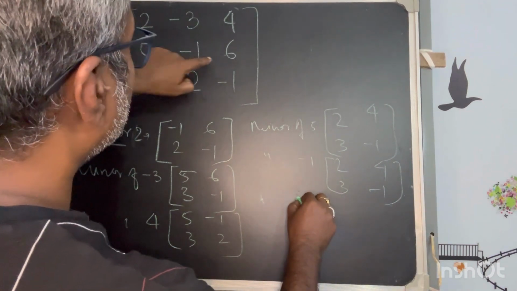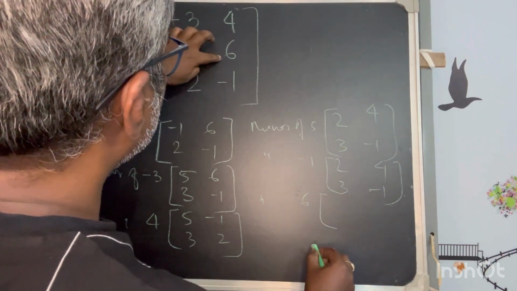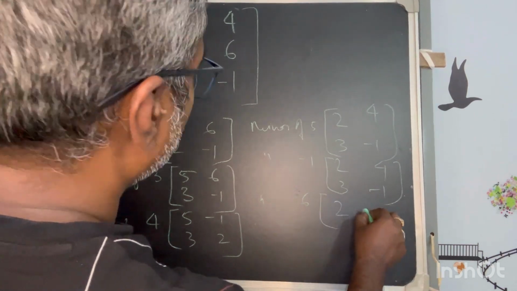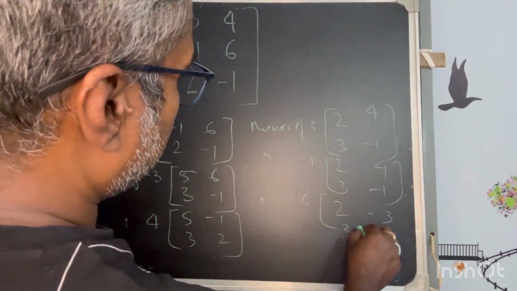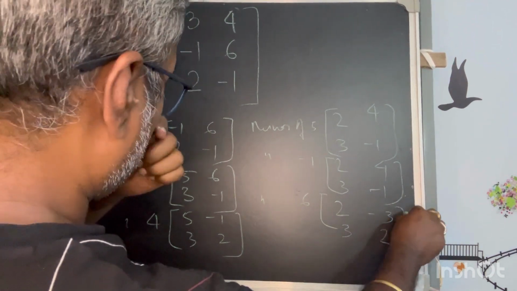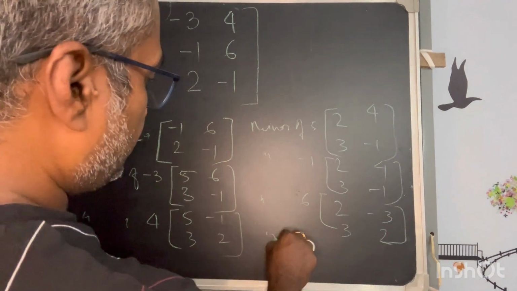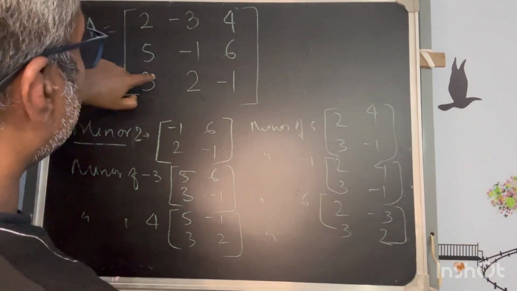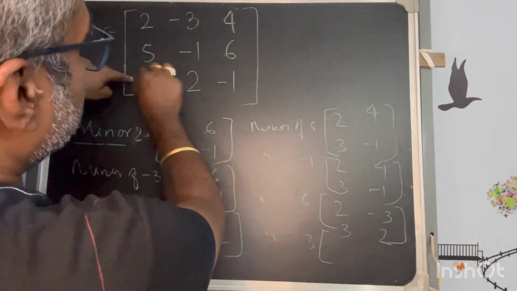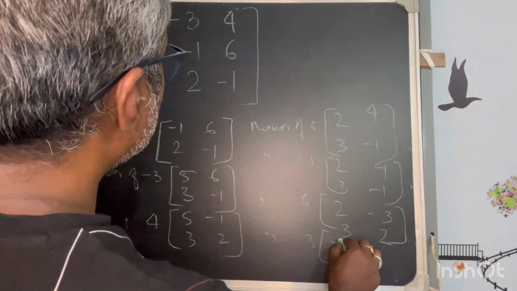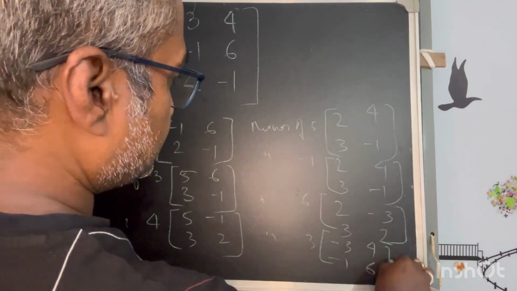The minor of 6 will be 2, -3, 3, 2. Then the minor of 3 will be -3, 4, -1, 6.